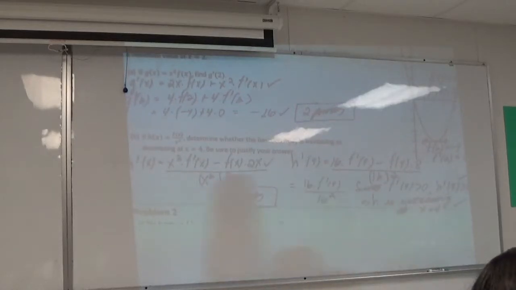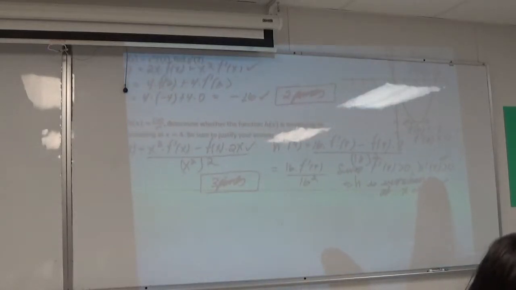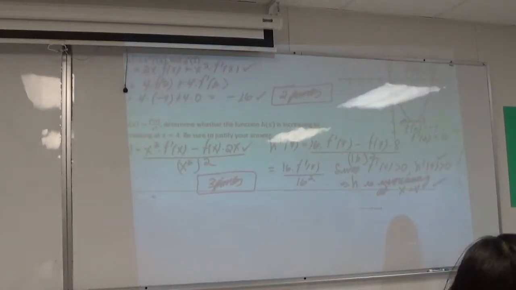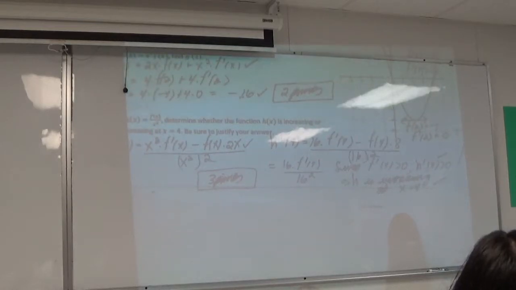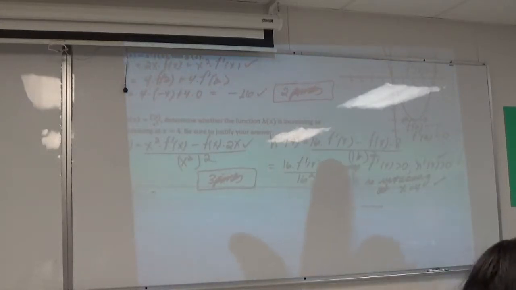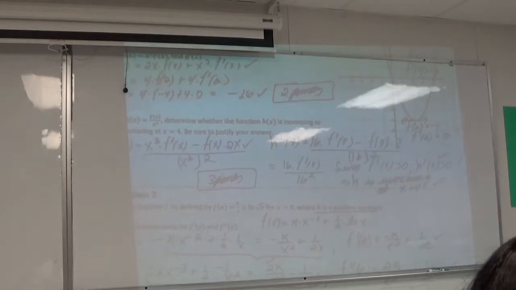So h prime of 4 is positive, which means that h is increasing at x equals 4. Yep. That's it. Daisy, so you wouldn't get a point for plugging in 4 into h prime, just getting to this part here, probably not.